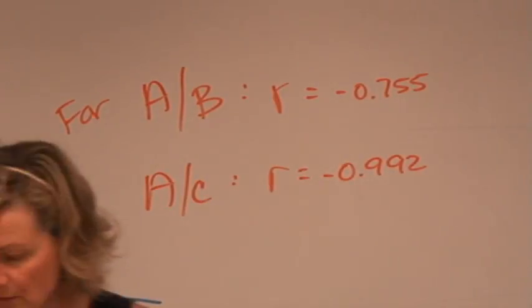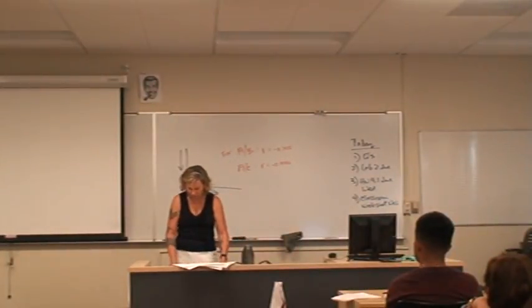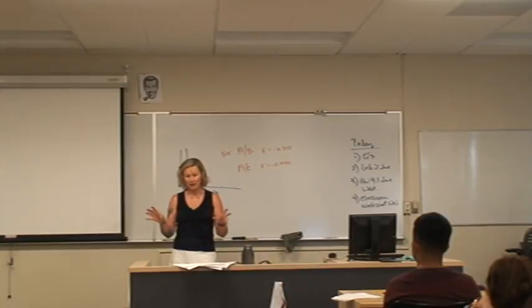Let's go back, and this is nice, that you guys have some questions this morning, because we can go back and talk about some of our regression steps. So we have our paired sample data. First step, we graph it.